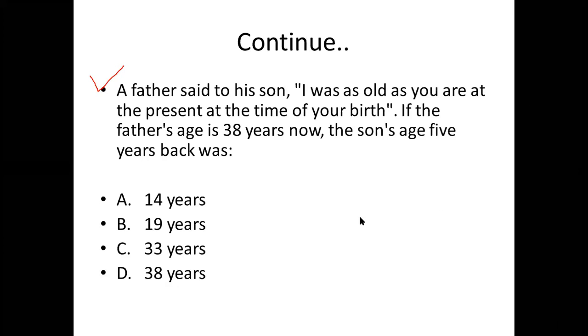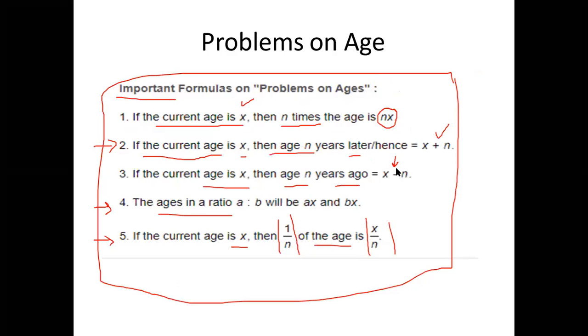So how can we solve this problem? If you remember the formulas we have discussed, I'm going to show you again. These are the important formulas on ages. If the current age is x, then n times the age will be nx. If the current age is x, then the age n years later will be x plus n, so we add. If we are talking about years ago, then we subtract. We discussed this in the previous class.